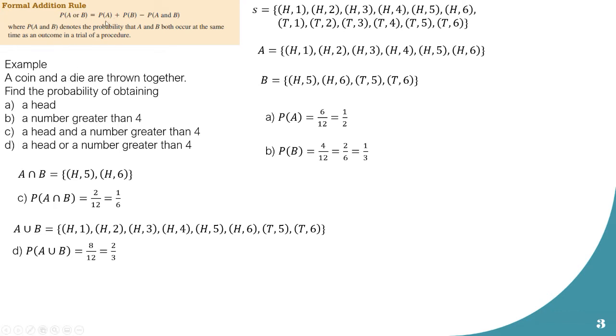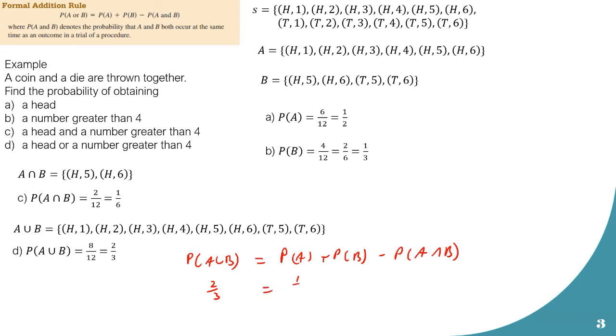Let's check this rule here. Does the rule actually apply here? Well, what's the probability of A or B? The probability of A or B is 2/3. And this we say is equal to the probability of A plus the probability of B minus the probability of A and B. Well, what's the probability of A?